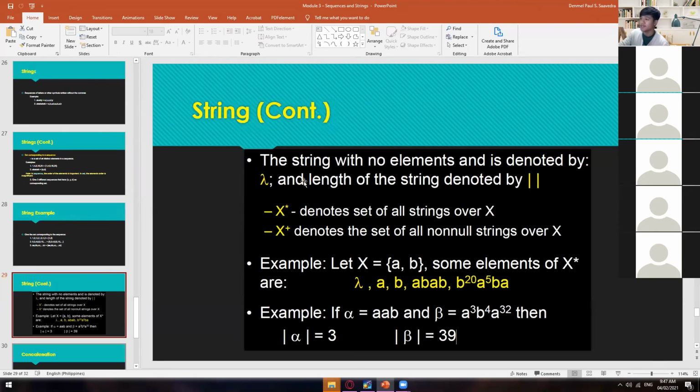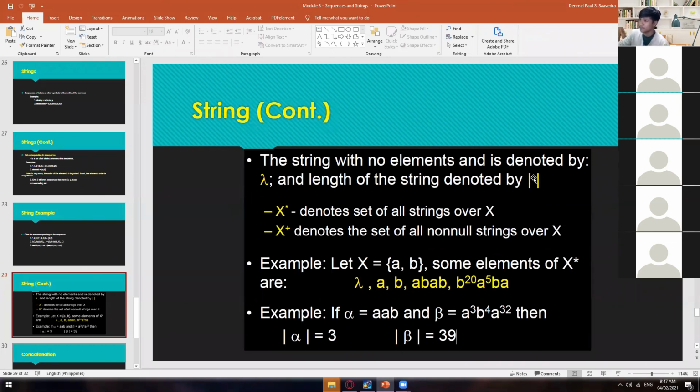And then the length of the string is denoted by this. It's the same as what do you call this one? I forget that term. What is that again in set operations? Cardinality. Okay, the cardinality. Cardinality is the total count of elements inside of that set.